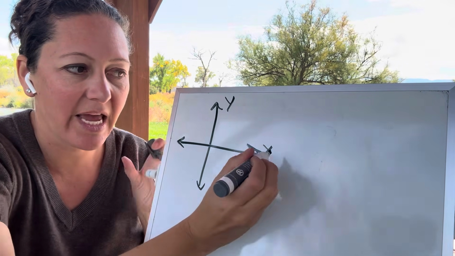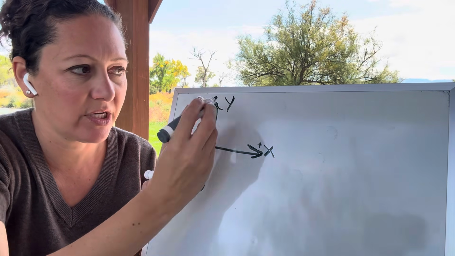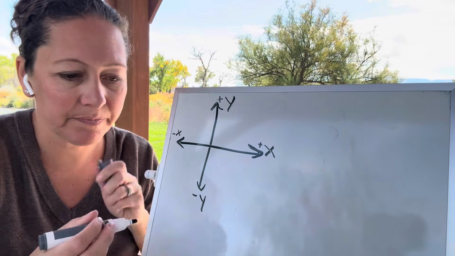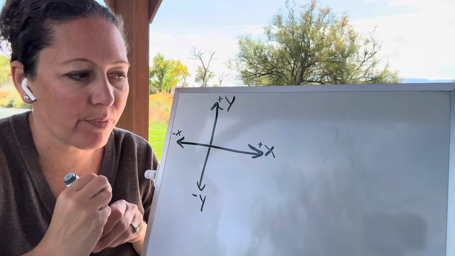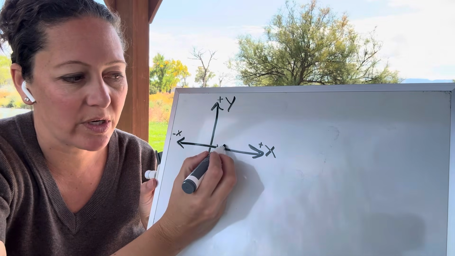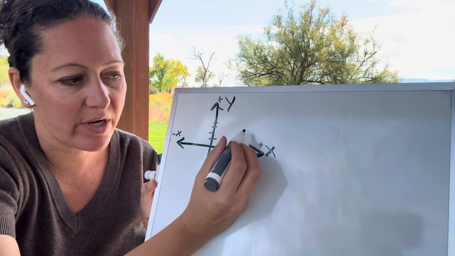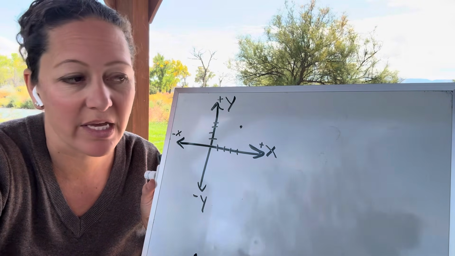So this is X in a positive direction. This is X in a negative direction. This is Y in a positive direction, Y in a negative direction. And then we would be looking at points along the way. So let's say if this is 1, 2, 3, 4, and this is 1, 2, 3, 4, I could have a point 4 on my X and 4 on my Y, and I'd get to that point right there.